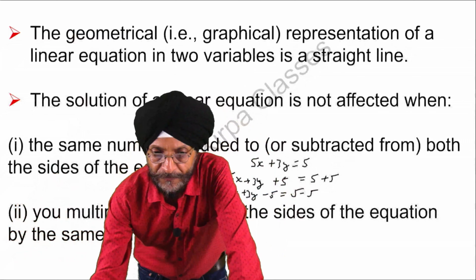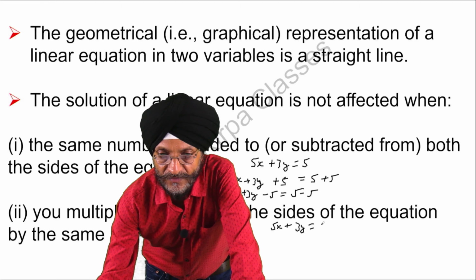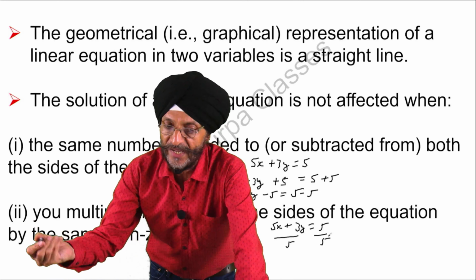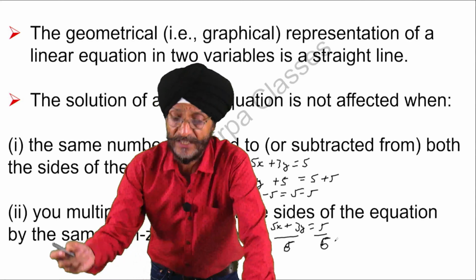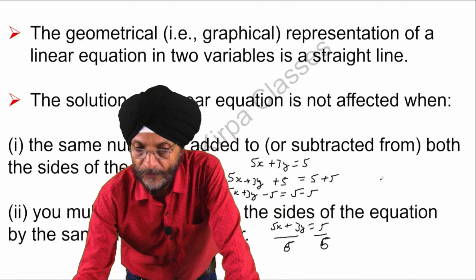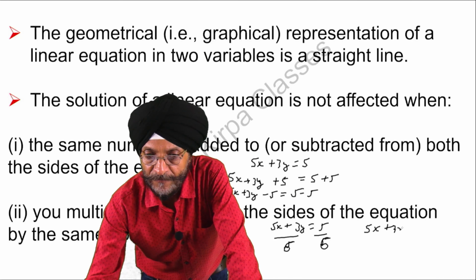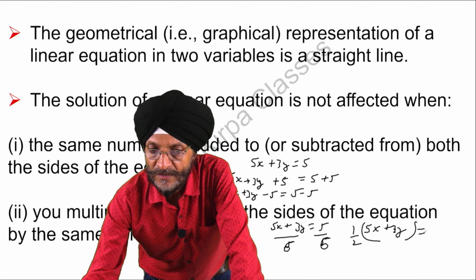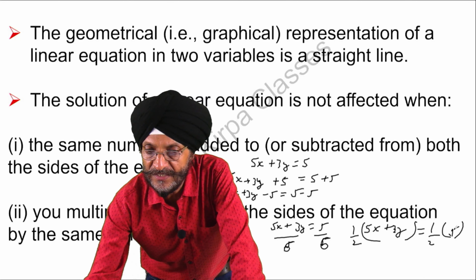If we also divide both the sides by the same number, say 6, it does not make any difference. If we multiply both the sides with the same number, say 1 over 2, on this side also 1 over 2, it also does not make any difference.